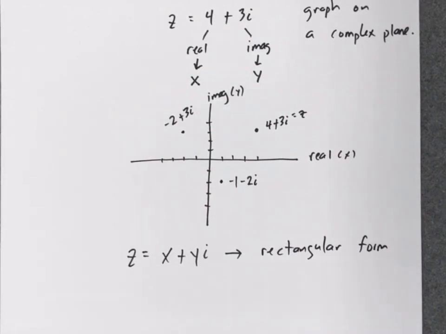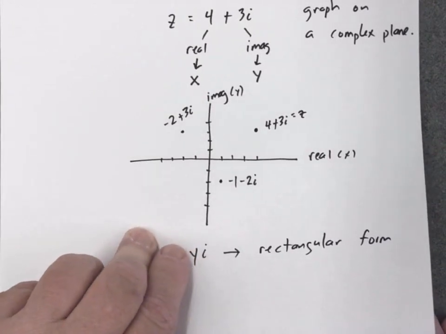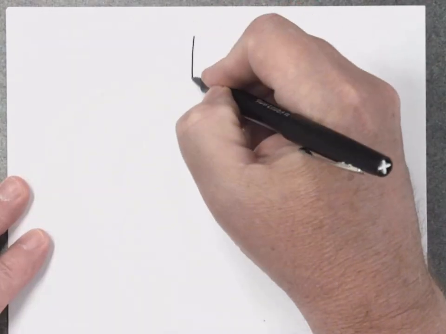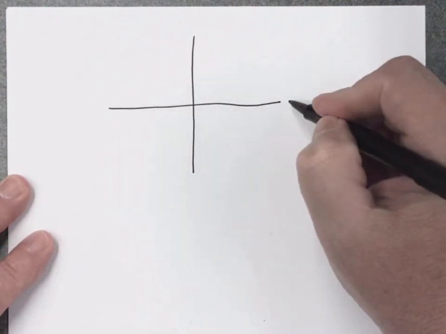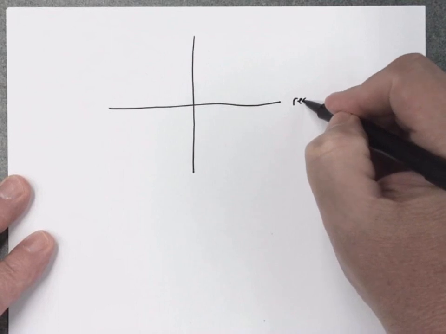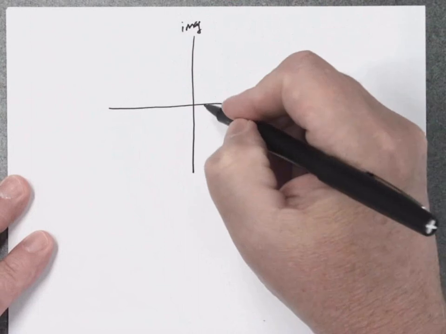Since we just concluded talking about polar coordinates, let me graph a point and remind you about rectangular and polar coordinates and how to go back and forth. So let me still label this as the real and imaginary axis.